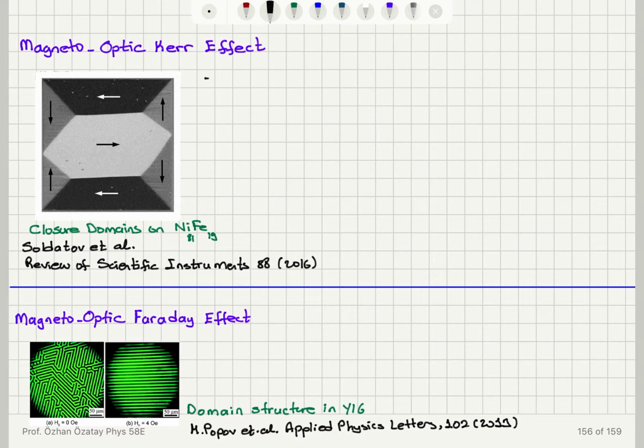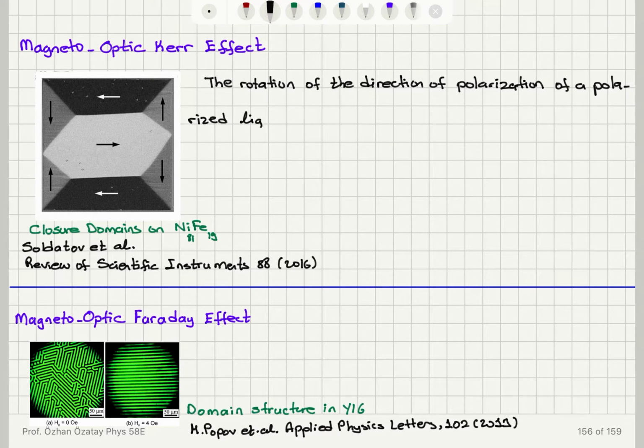So first of all, it is the rotation of the direction of polarization of a polarized light beam that is reflected.